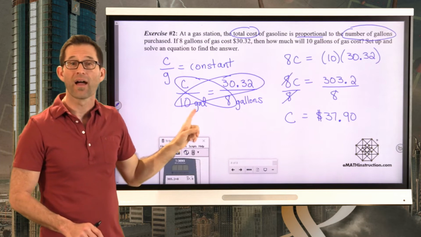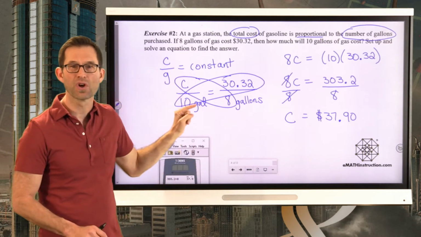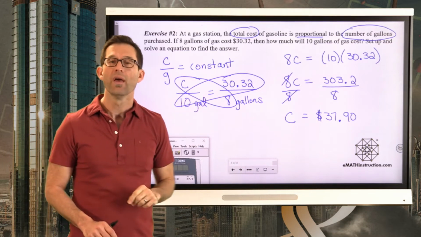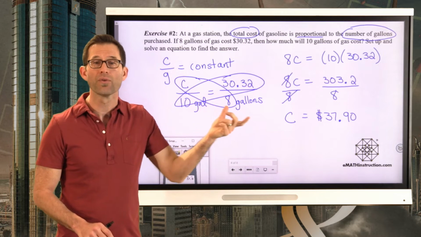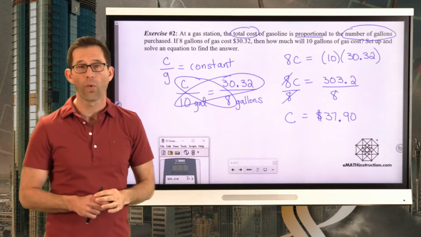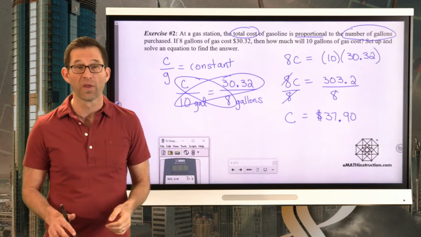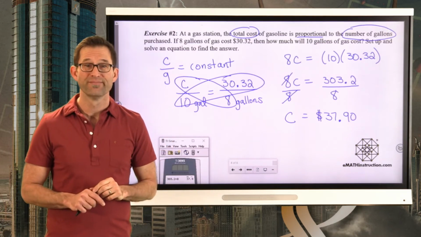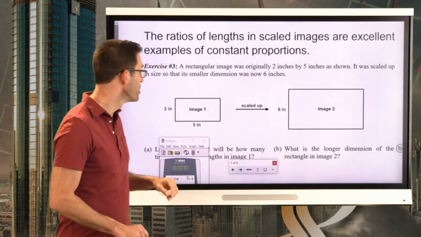And then I've got the 10 gallons, but I don't know how much it costs. So I can always set up this ratio equal to this ratio. This is what's called a proportion. Anytime you have a ratio equal to another ratio in equation form, then you have what's known as a proportion, which kind of makes sense given that we're dealing with proportional variables. Okay, let's keep going. See what we've got next.